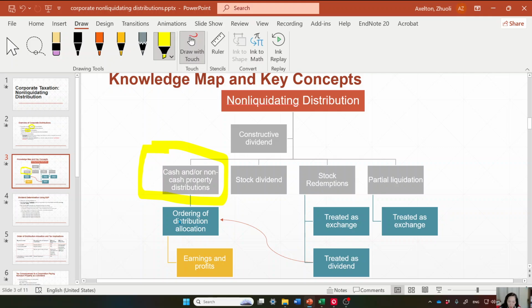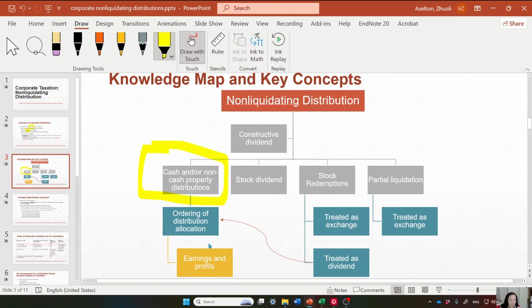In the context of the recharacterization of this distribution allocation, the earnings and profits concept is introduced because earnings and profits are a reflection of economic income.